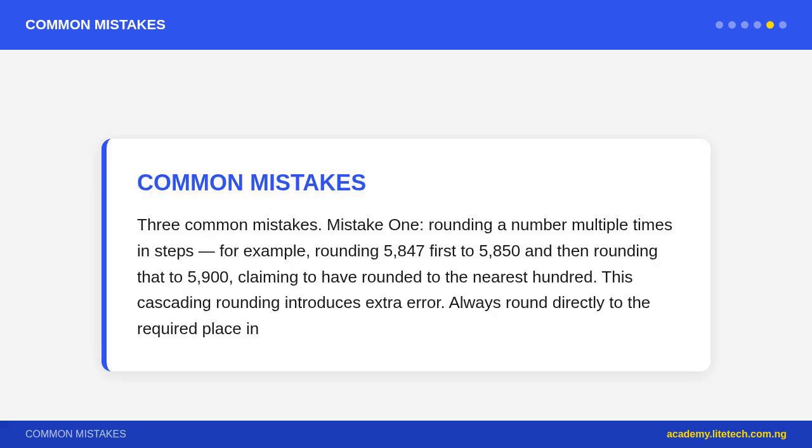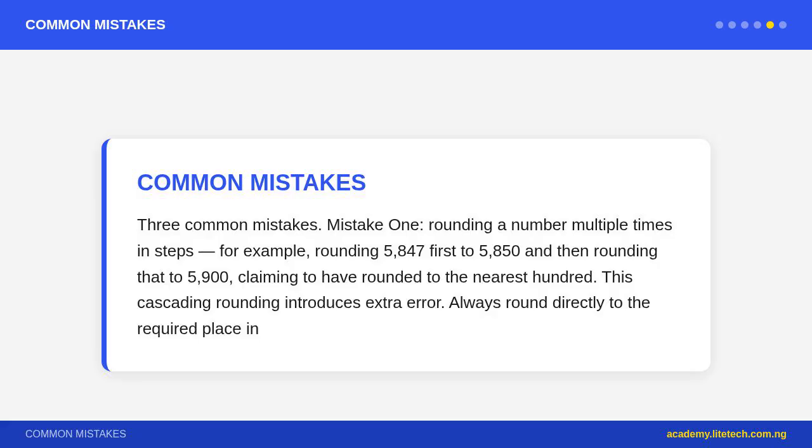3 common mistakes. Mistake 1, rounding a number multiple times in steps, for example, rounding 5,847 first to 5,850 and then rounding that to 5,900, claiming to have rounded to the nearest hundred. This cascading rounding introduces extra error. Always round directly to the required place in one step.